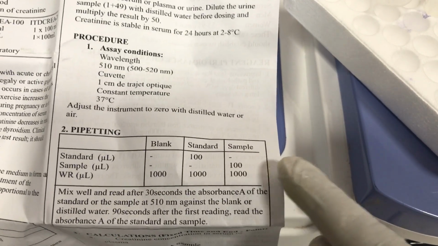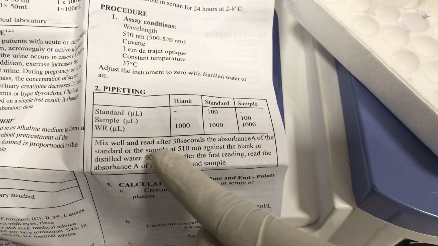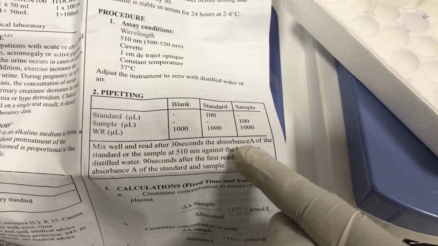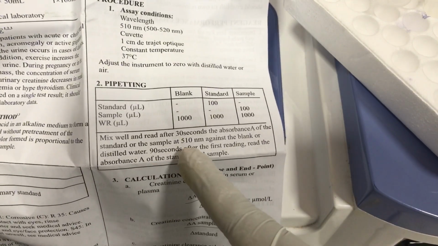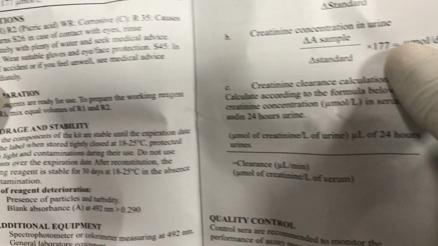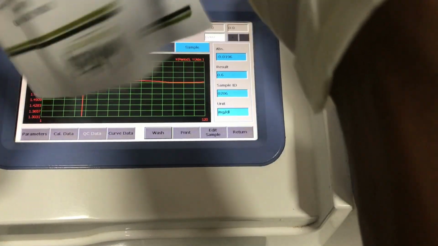So make sure you read at 30 seconds the absorbance of the standard. We are not going to do the standard. Then at 90 seconds. So it's basically the same. It's the same for every 2-point kinetic. So that's about this one too. We're not going to go through all of it because it's the same.